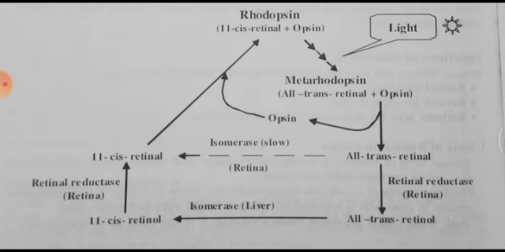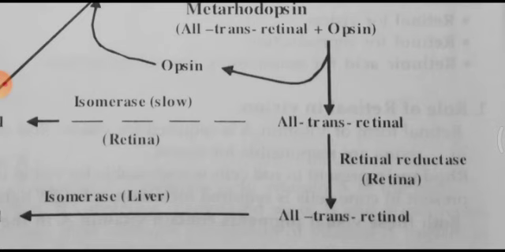You can see at the bottom the all-trans retinal is one of the products, and on the left side you can see the arrow going out showing the release of opsin. The all-trans retinal is going to get converted to all-trans retinol. So if you see, the all-trans retinal is the aldehyde form and it is converted to the alcohol form by an enzyme, retinol reductase.